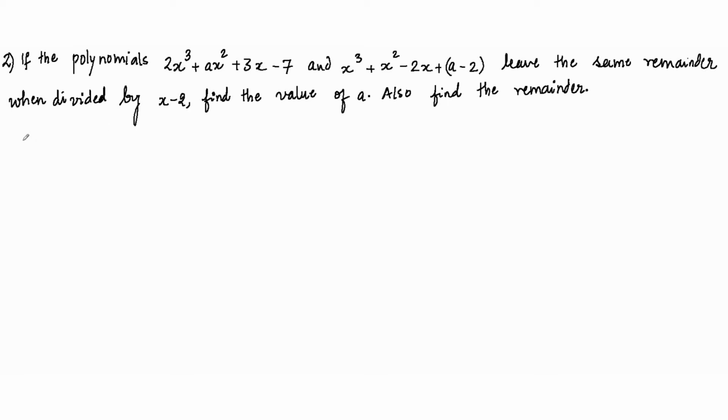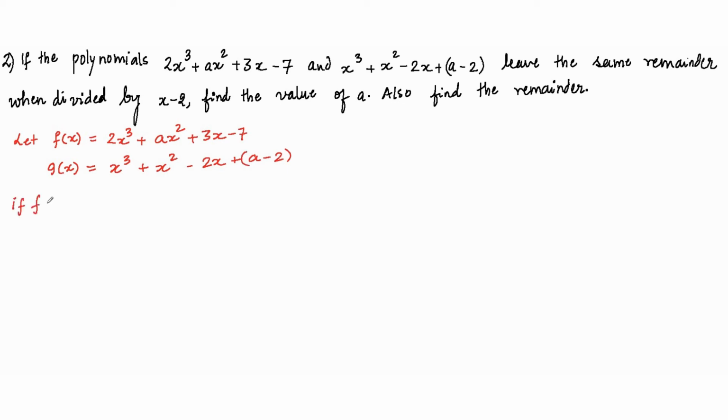Let me assign the labels immediately. Let f of x equal 2x cube plus ax square plus 3x minus 7, and let g of x be equal to x cube plus x square minus 2x plus a minus 2. These are the two polynomials.